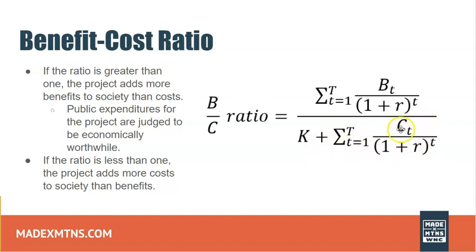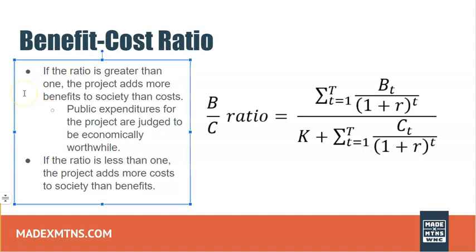And here we have future construction cost or operation and maintenance cost. Okay, so the idea with the benefit cost ratio is if the ratio is greater than 1, then the project is a good idea. It adds more benefits to society than it adds cost to society. So we'd say that that project is worthwhile economically. If the ratio is less than 1, then the opposite would be true. That would be a project we don't want to pursue.